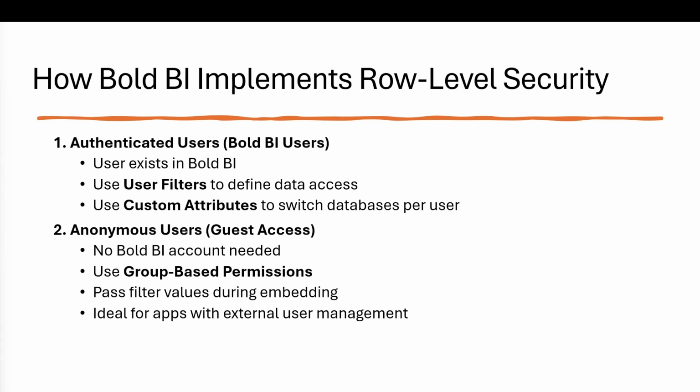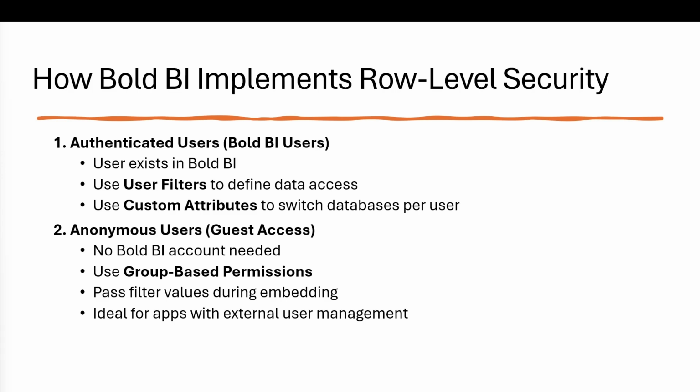Let's now look at how Bold BI implements row-level security for two user types. One, authenticated user and two, anonymous user. For authenticated users who have a Bold BI account, first we need to connect the data source.